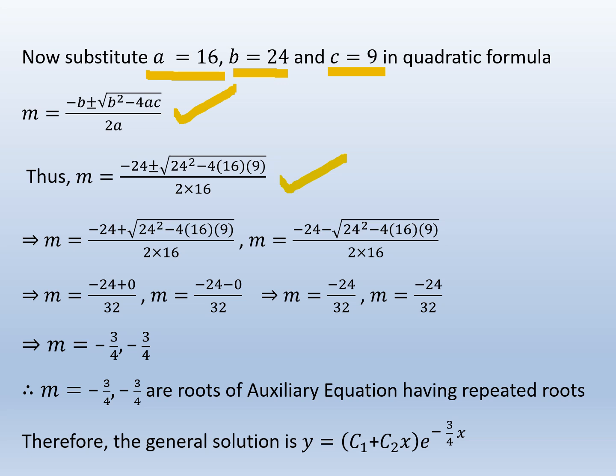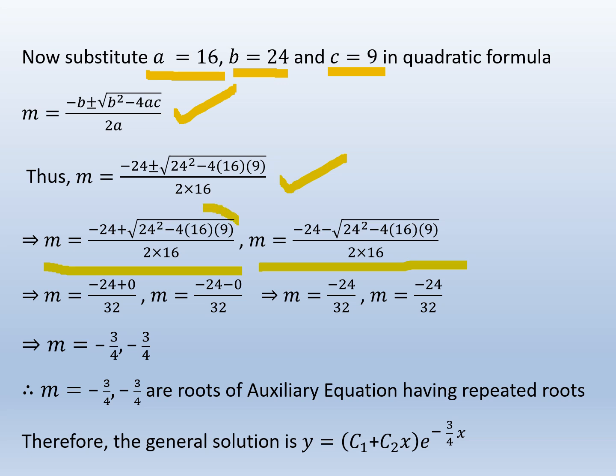So we have two values for m, that is m = (-24 + √(24^2 - 4 × 16 × 9)) / (2 × 16), and another one m = (-24 - √(24^2 - 4 × 16 × 9)) / (2 × 16).